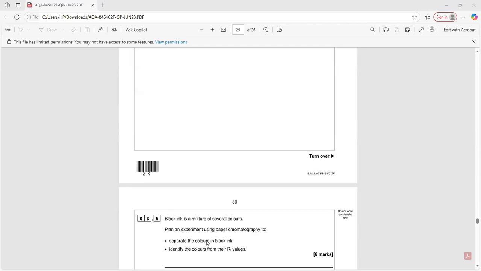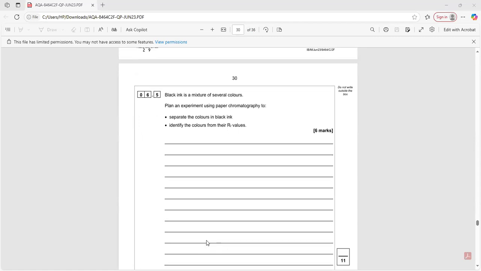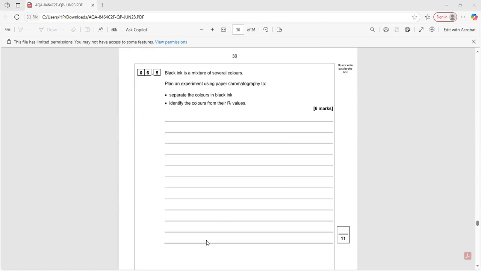So we're moving on to the next question. It says black ink is a mixture of several colors. Plan an experiment using paper chromatography to separate the colors in black ink and then identify the colors from their RF values.